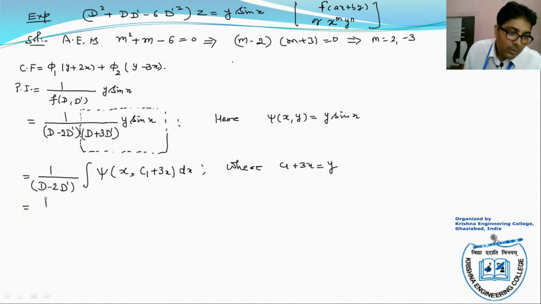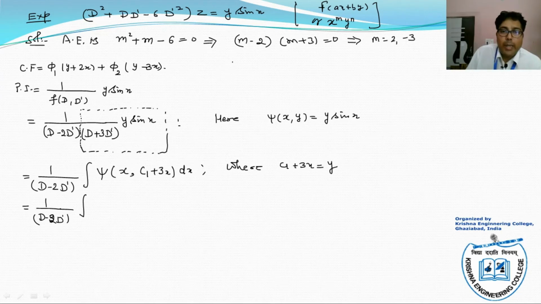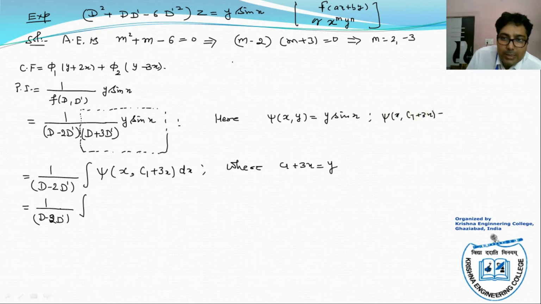Now 1 upon D minus this is 2D'. Clear? Write the value: psi(x, y) is y sin x. Then with the help of this we can write psi(x, c1 + 3x) as (c1 + 3x) sin x.